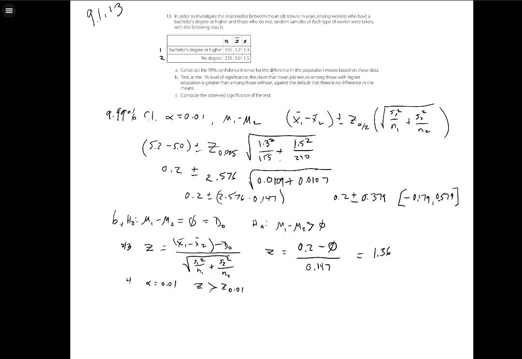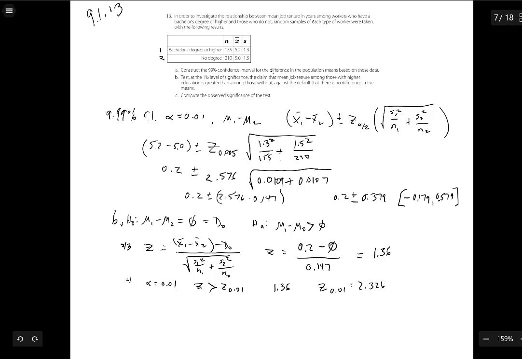Okay, so our z value is 1.36, and we're going to compare that to Z at 0.01, which equals, I had to look that one up in the table, 2.326.